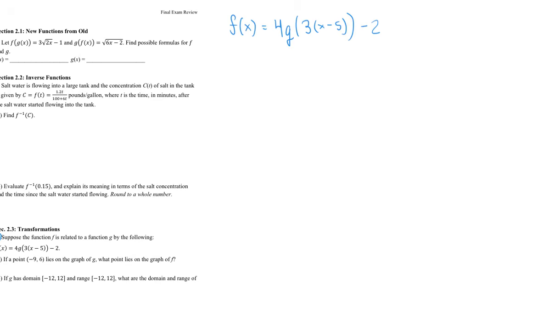So we need to see that in the horizontal, we are going to compress by 1/3. And we're also going to shift to the right 5. And that's from this 3 and this 5.